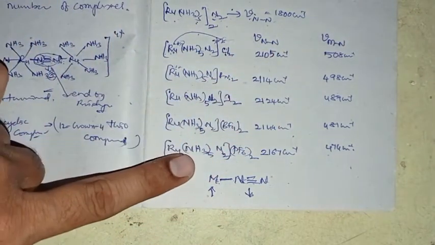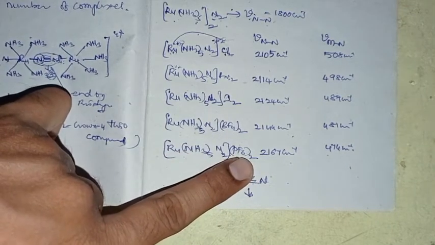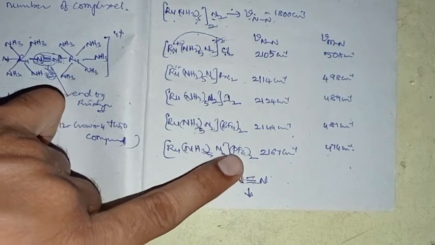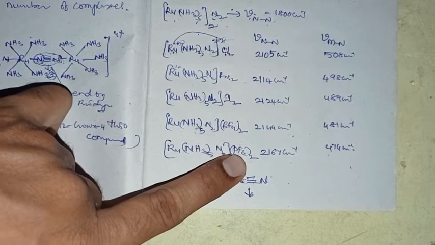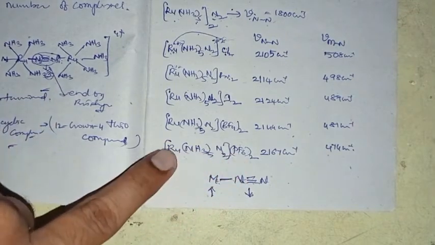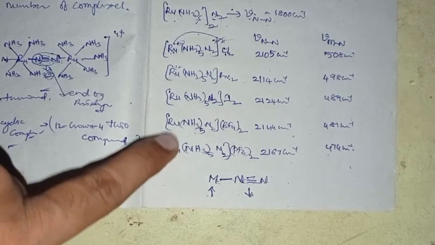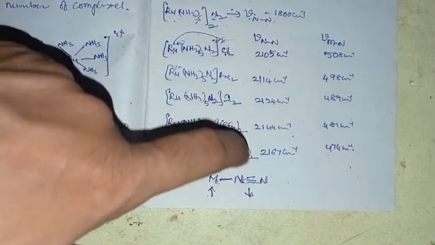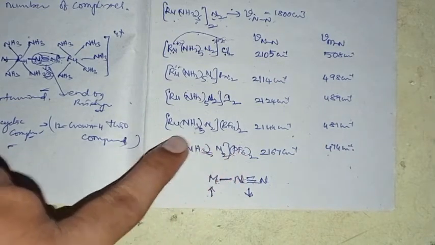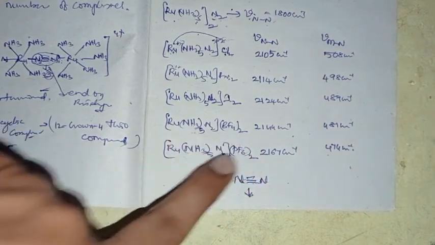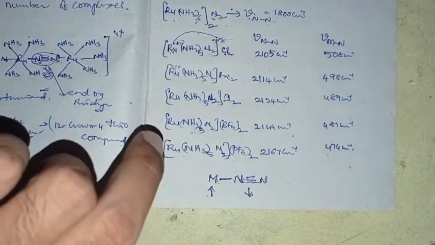So coming to the last complex, let us discuss the last complex. Having a larger size primary sphere and a less electronegative site in the primary sphere makes the polarization on ruthenium very weak, right? Which means that the two electrons cannot be effectively grabbed by the hexafluorophosphine moiety. So when it is not accepting the two electrons effectively from the ruthenium, the electron deficiency on ruthenium will be slightly weaker, right?